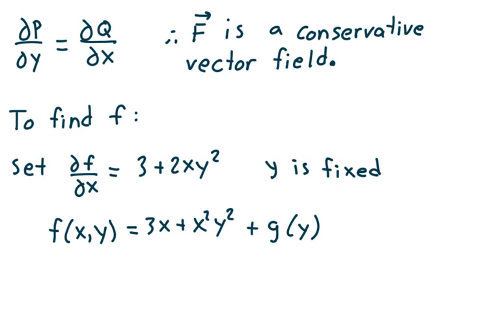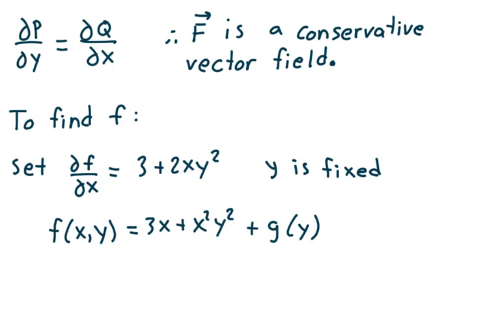So in the second part of this, we want to find the potential function small f. So what we're going to do is set the partial of f with respect to x equal to 3 plus 2xy squared, and let's note y is fixed.